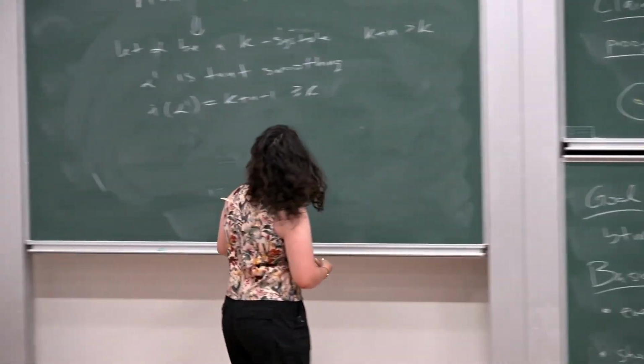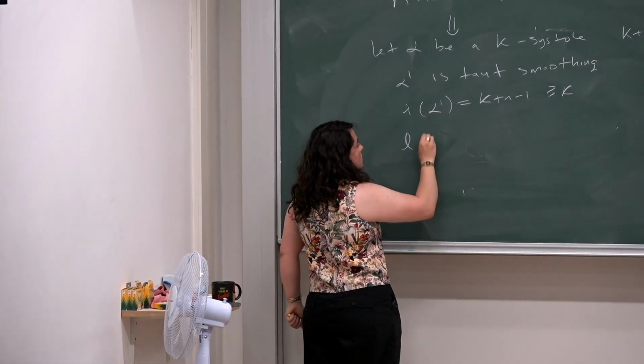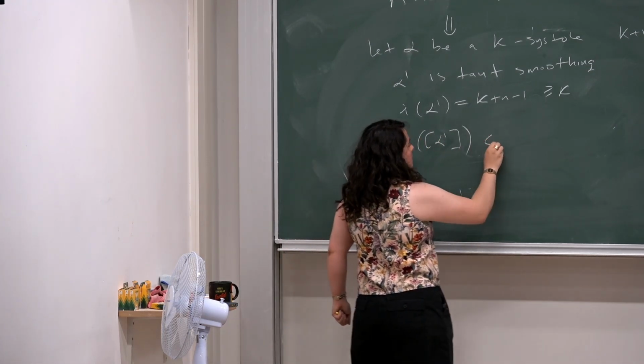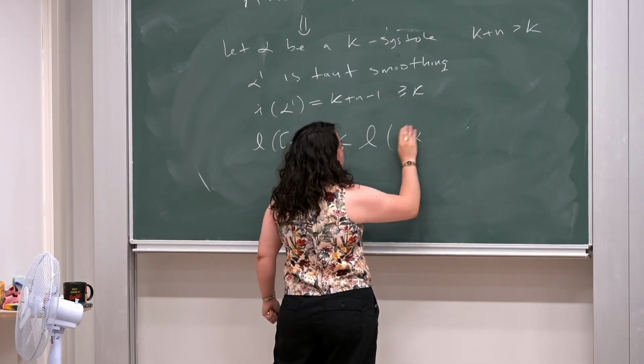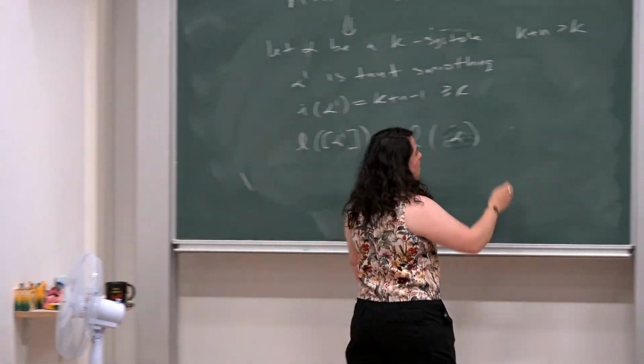So the length of the geodesic representative in this homotopy class is less than the length of the original geodesic. Okay, which is a contradiction.